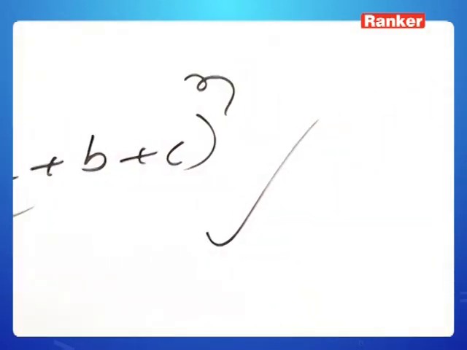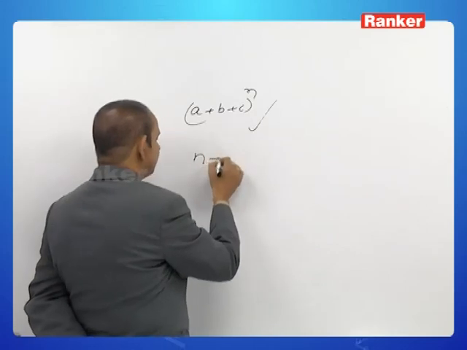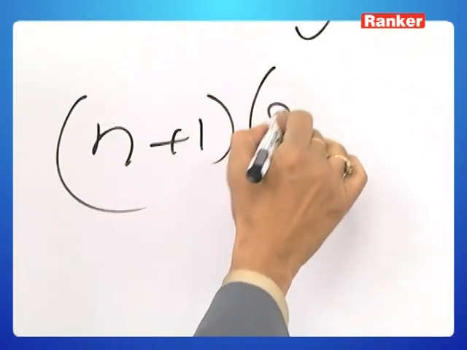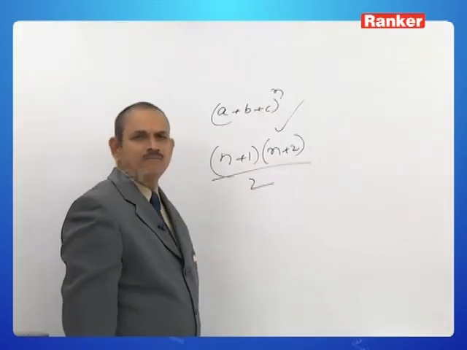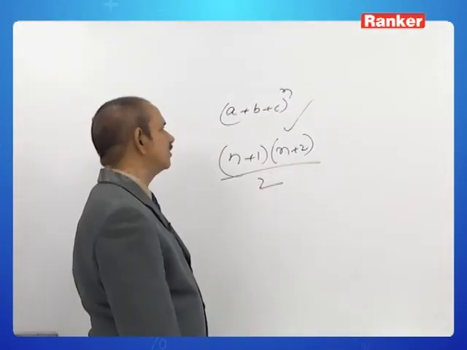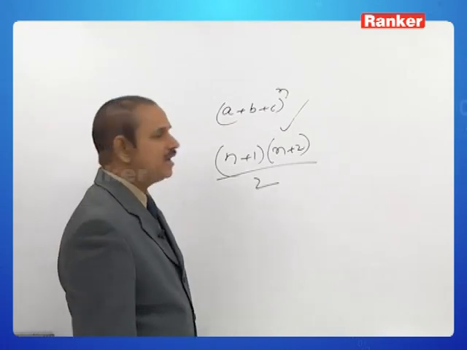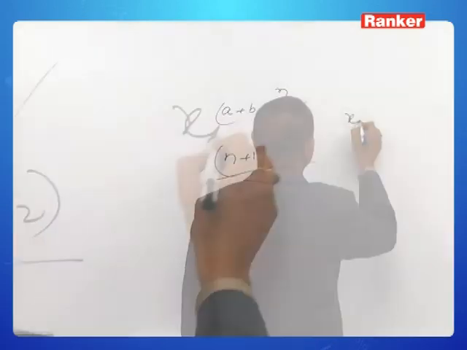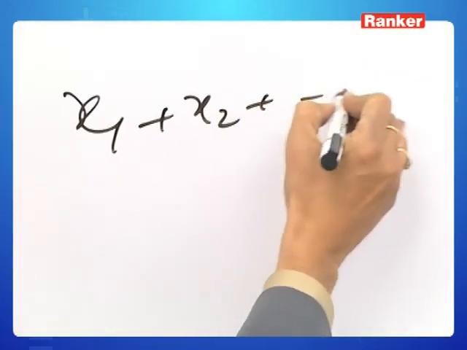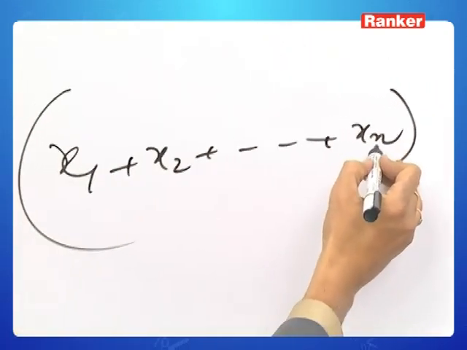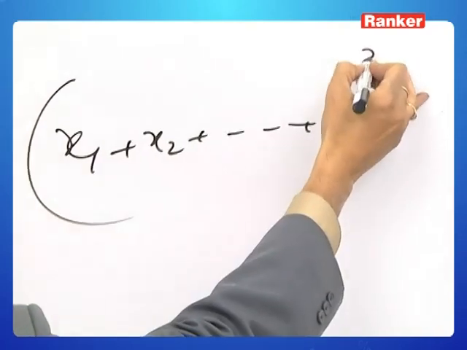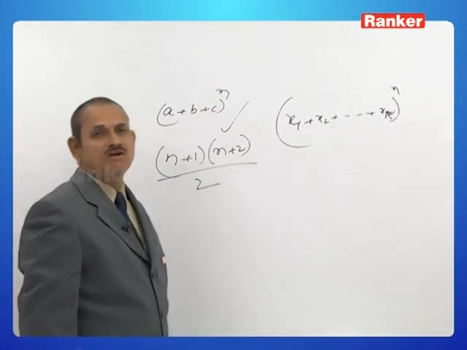In this expansion, the number of terms is (n+1)(n+2)/2. That is a beautiful question which is generally asked regarding a trinomial. And if there are k terms like (x1 + x2 + x3 + etc. + xk)^n, it is the multinomial theorem.